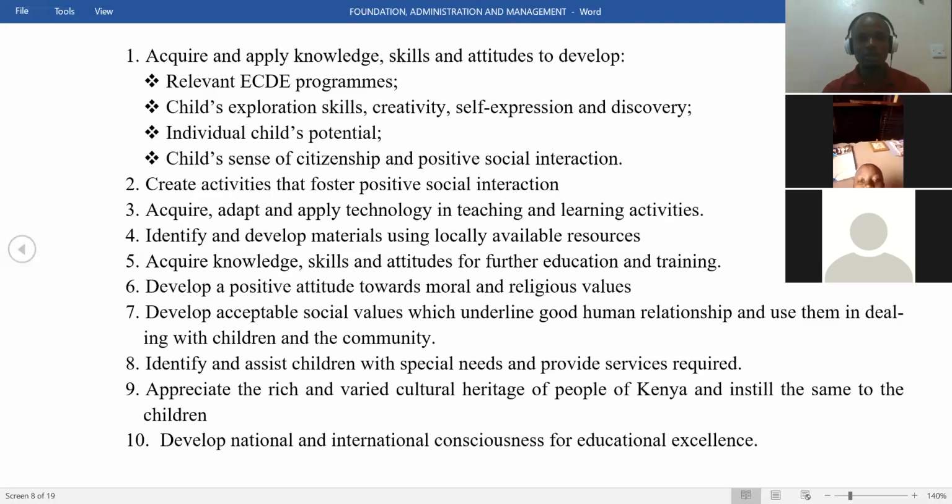Another one, the fourth one, is child's sense of citizenship and social interaction. For example, child's sense of citizenship. Children should be aware that they are Kenyans, isn't it? How will they know they are Kenyans?